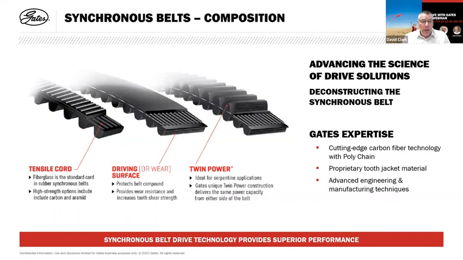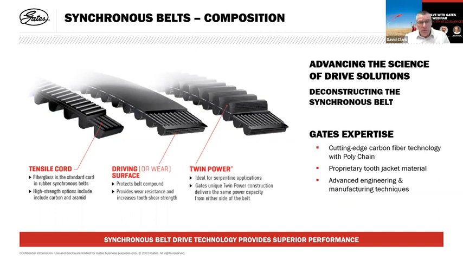They have a tension member that gives it its tensile strength, and depending on the belt type, these can be glass fiber, carbon fiber, aramid fiber, or steel. There's a wide range of materials for various belt capacities and capabilities.